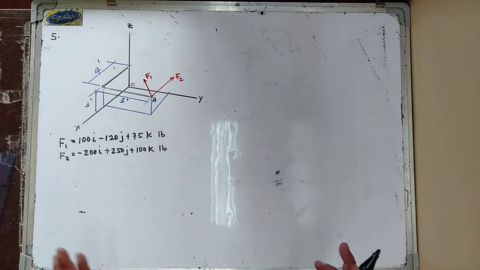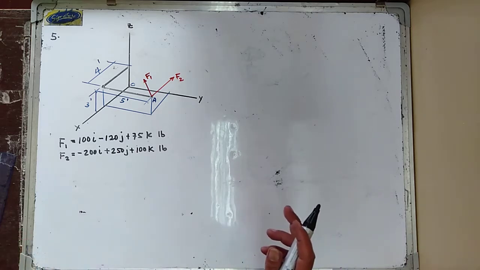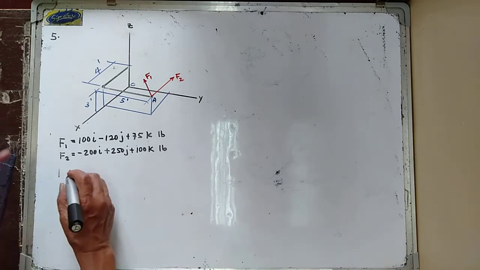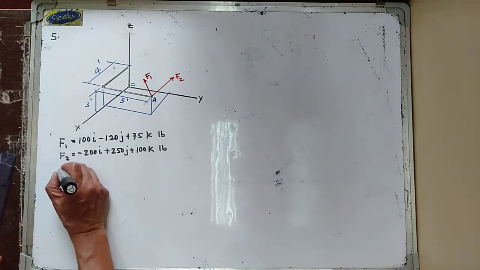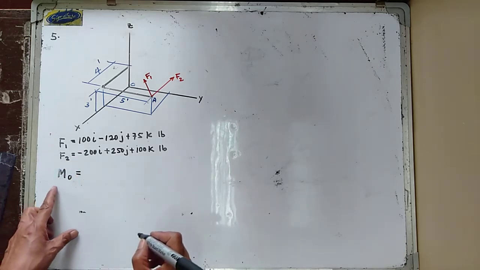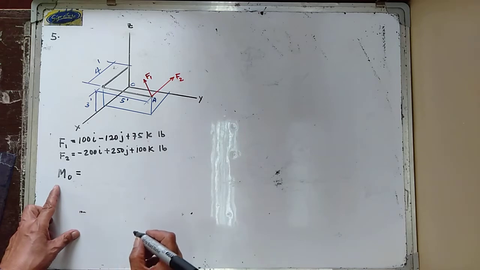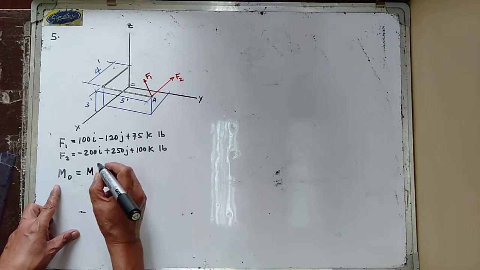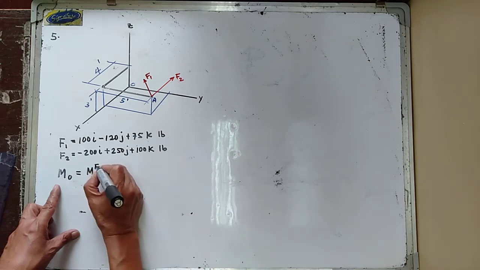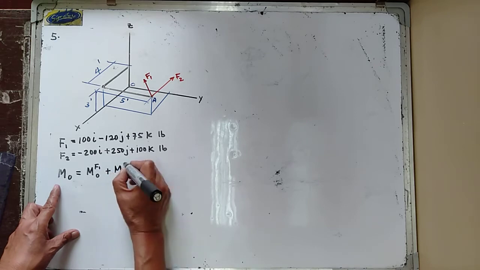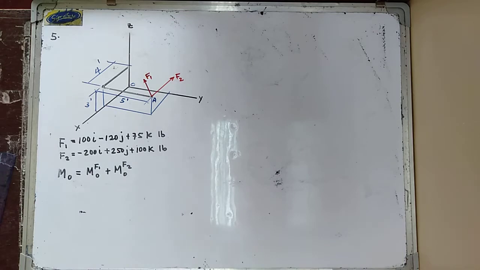So, again, let us determine the moment of the two forces about point O. The moment of the two forces about point O is the moment of F1 about point O plus the moment of F2 about point O.